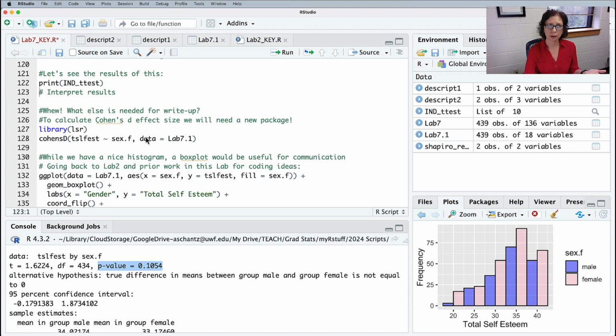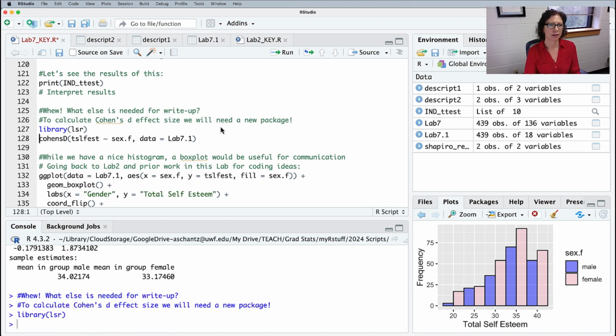So we could get the formula for calculating Cohen's d and use R like a big old calculator and put in the formula for R to calculate from, but I'd rather just get a new package. So we're going to use the package called lsr, and loading that, they have a function called cohensD, and then it's just that same formula of total self-esteem predicted by sex using the dataset Lab 7.1.